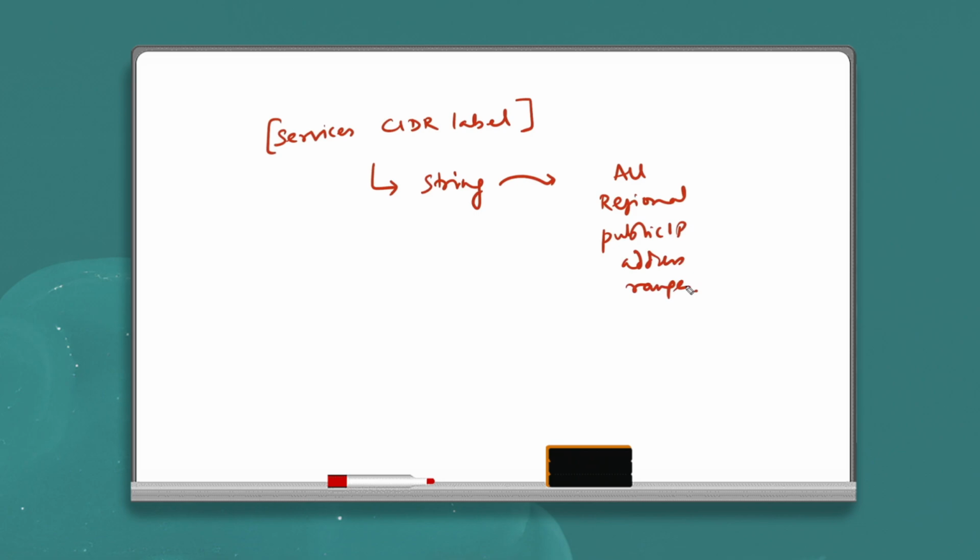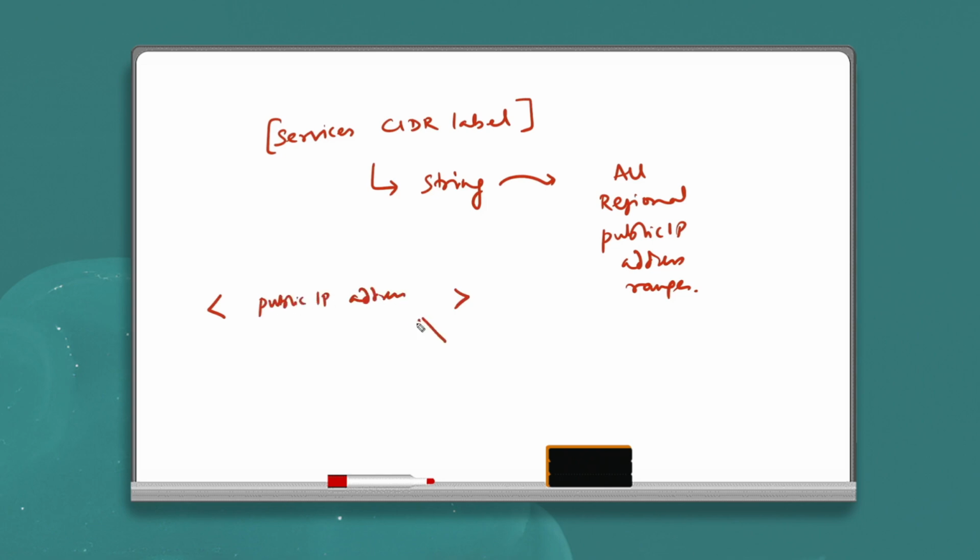See, there are two ways. The first way is, because I mentioned all the Oracle services in Oracle Services Network have public IP addresses, and that is basically a range. It's not a single public IP address. So one way of using those ranges is you manually put the public IP address ranges.